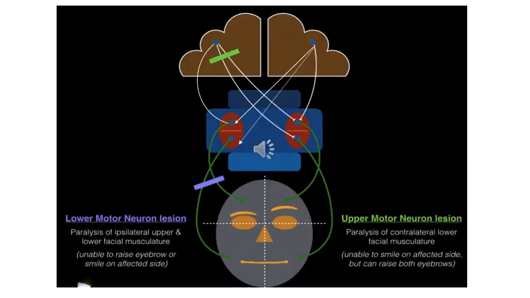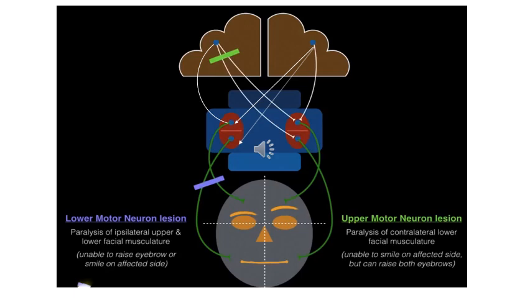For summing up, I have given the two lesions in a single picture. You can see that in the case of a lower motor neuron lesion, the lesion is below the nucleus, that means somewhere in the final pathway of the facial nerve.